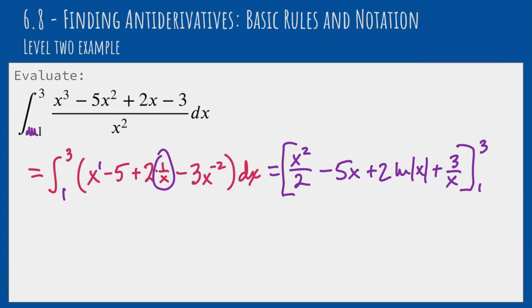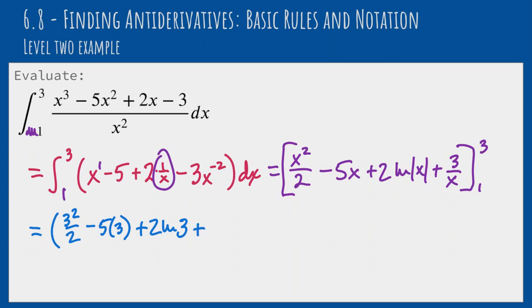So now I need to evaluate it at those points. We have 3 squared over 2 minus 5 times 3 plus 2 natural log of 3. By the way, we do need the absolute values here, even though these are both positive, because the antiderivative of 1 over x is the natural log of the absolute value of x. Now that I've plugged in the 3, I can get rid of the absolute value.